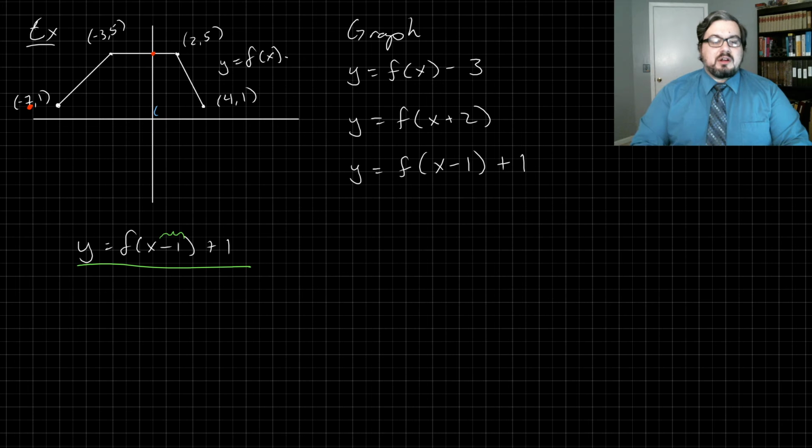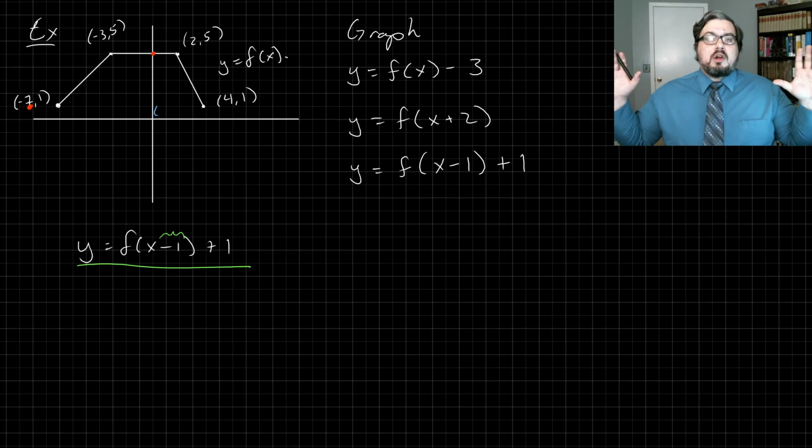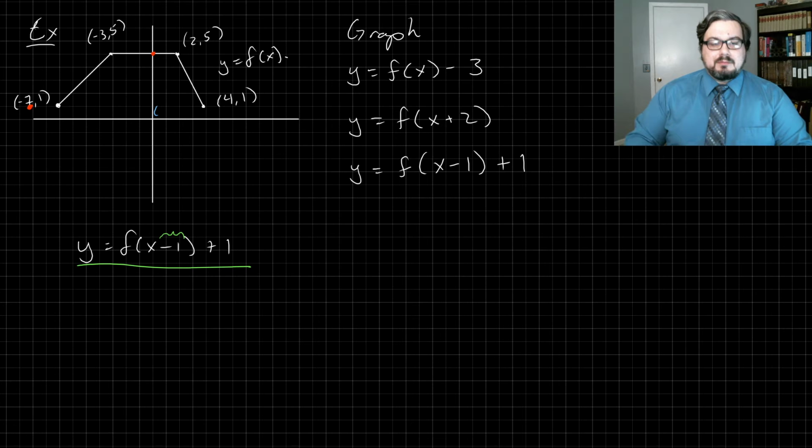We can start with either one really, but it's often a good idea to do your horizontal transformations first, think about those first, and then move on to your vertical ones. So here we've got a translation happening because we're adding or subtracting a number to x. Now, because we are subtracting 1 from x, this means that we're going to shift to the right by 1.